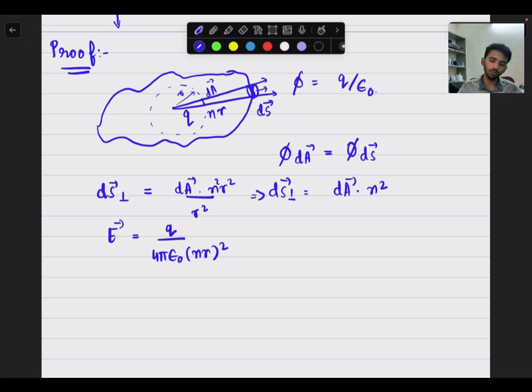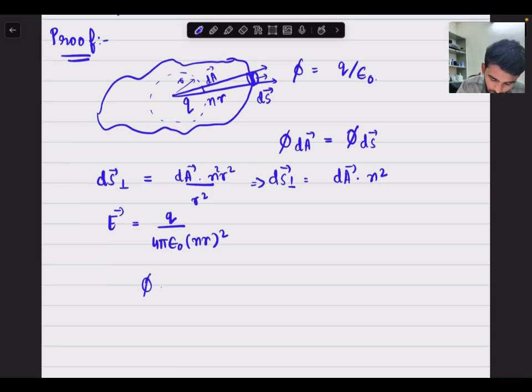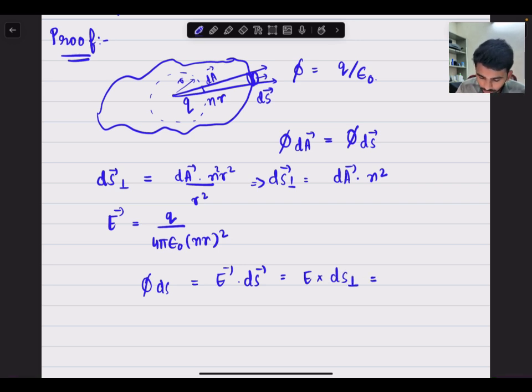So now the flux through dS would be equal to E bar dot dS bar, which is nothing but E into the perpendicular component of dS. We have calculated E to be q by 4 pi epsilon naught n squared r squared, and the perpendicular component of dS is nothing but dA into n squared. So this comes out to be q into dA by 4 pi epsilon naught r squared.